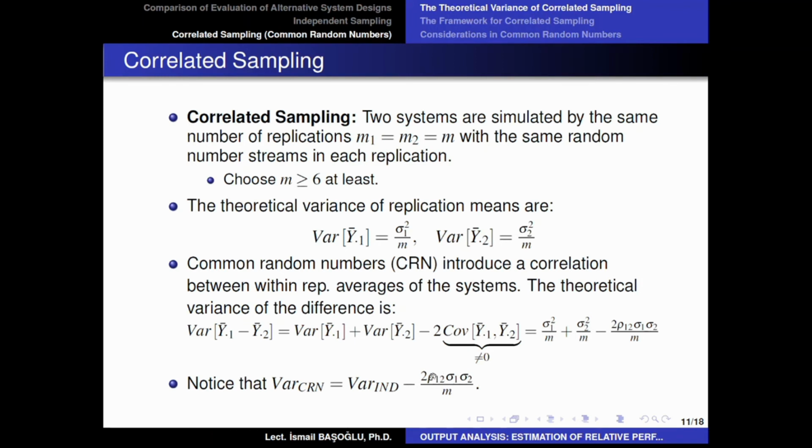So this is the difference. Now, you know, the standard deviations are always positive, right? So sigma 1, sigma 2 are always positive. And the number of replications is also positive. Now, if the correlation between the first system result and the second system result is also positive, the variance obtained with the correlated sampling is going to be less than the variance obtained with independent sampling.